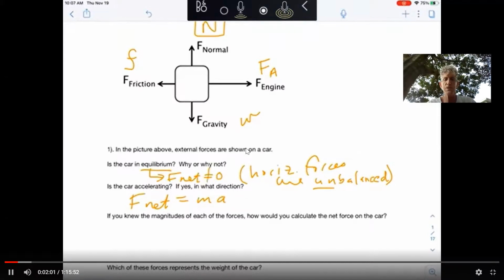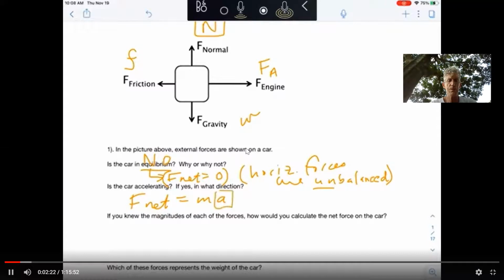In what direction is it? Accelerating in the direction of the bigger force. So that would be to the right, because Fa, the applied force, is greater than the frictional force. So yes, there is acceleration.